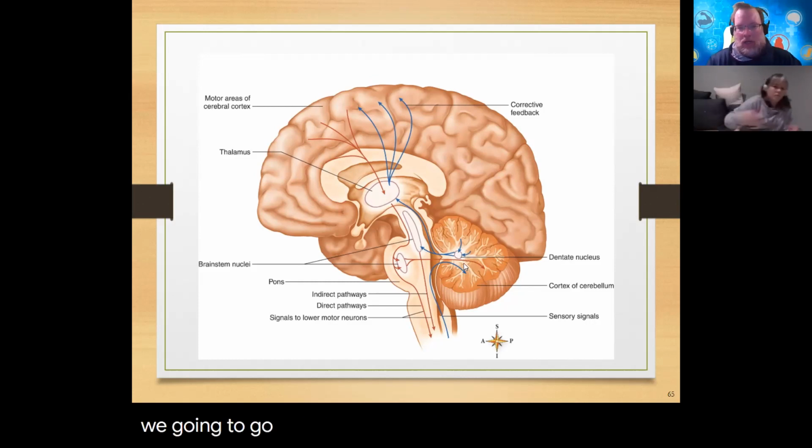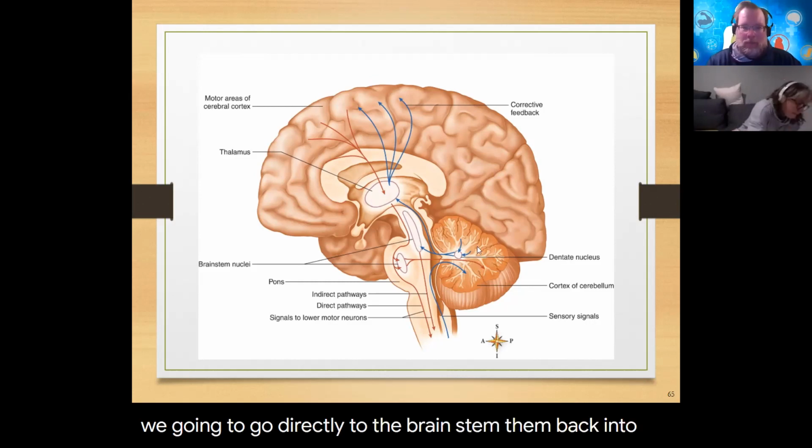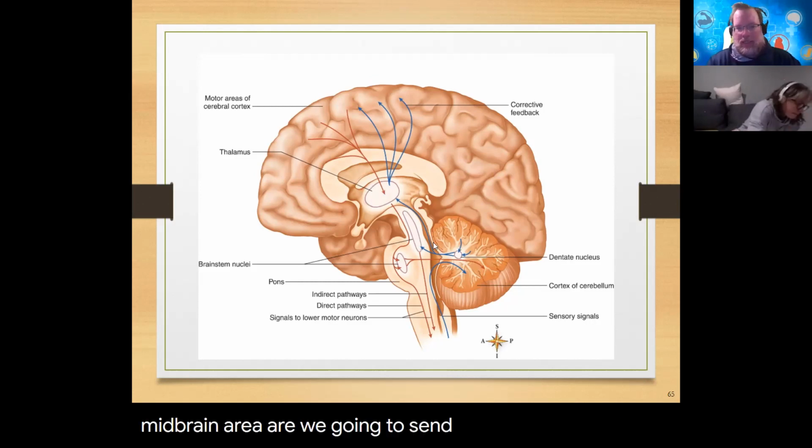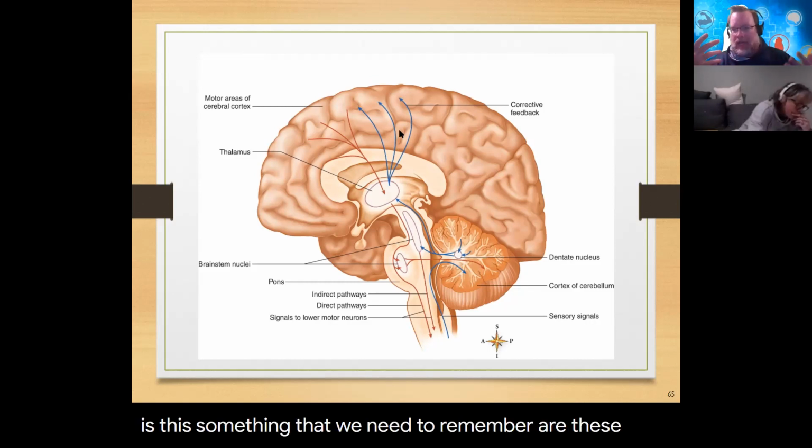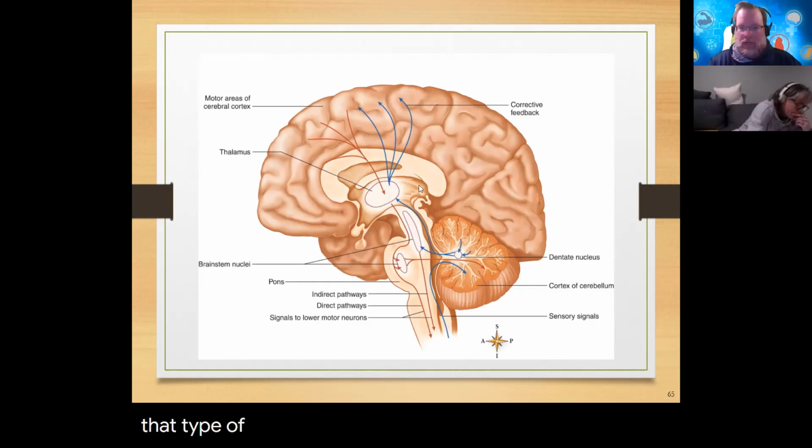Are we going to go directly to the brainstem, back into the midbrain area? Are we going to send that signal all the way up into the diencephalon and ultimately into the cerebrum? Is this something that we need to remember? Is it that type of sensory input or information?